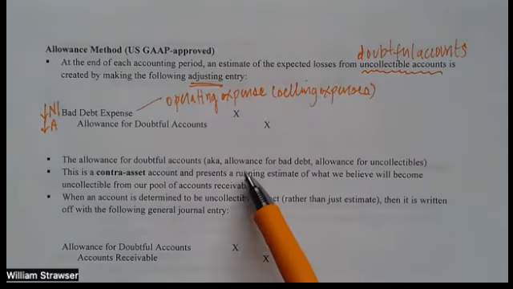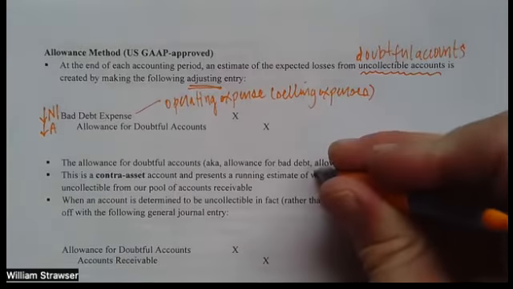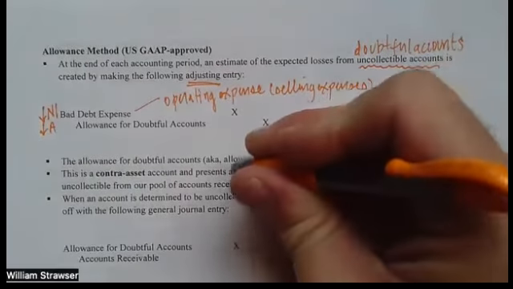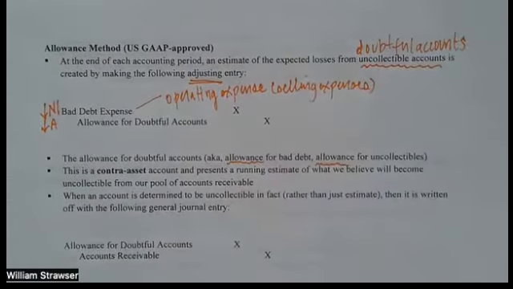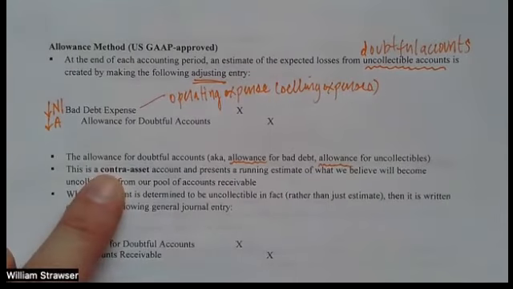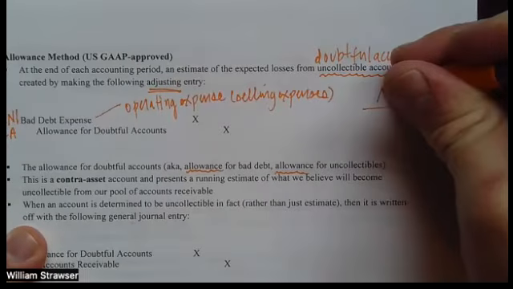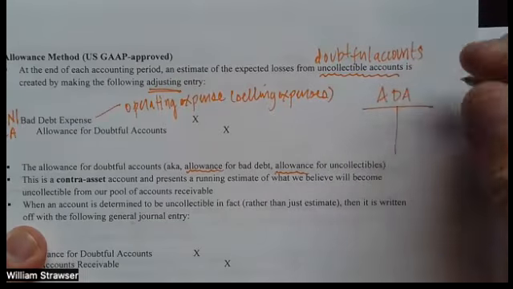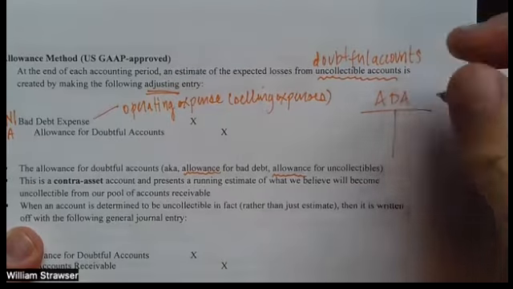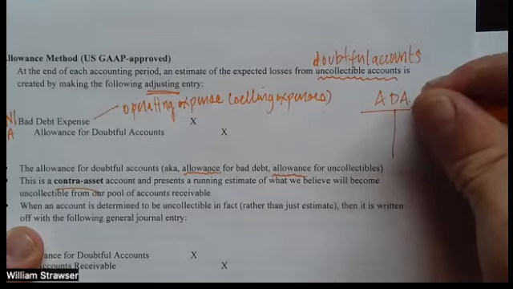So here are just some names: allowance for bad debt, allowance for uncollectibles, allowance for doubtful accounts. All those things are the same. Notice almost all of them use the word allowance. This is a very common term that we use in accounting for an estimation that is a contra account. It is a contra asset account. So when we think about how it's constructed with a T account, it's a contra asset, and therefore it's opposite to the rules of assets.